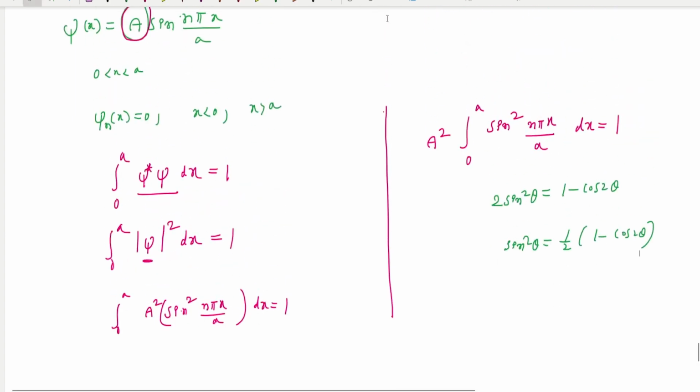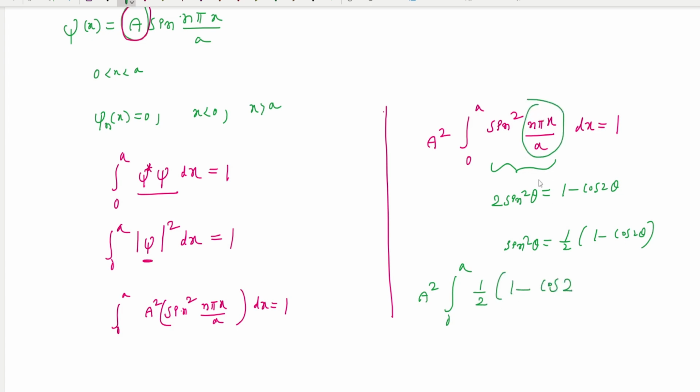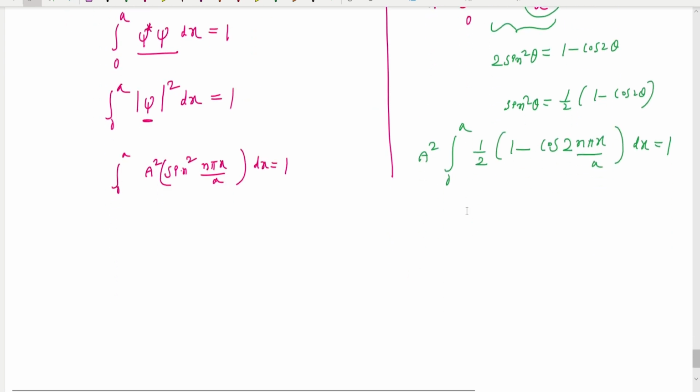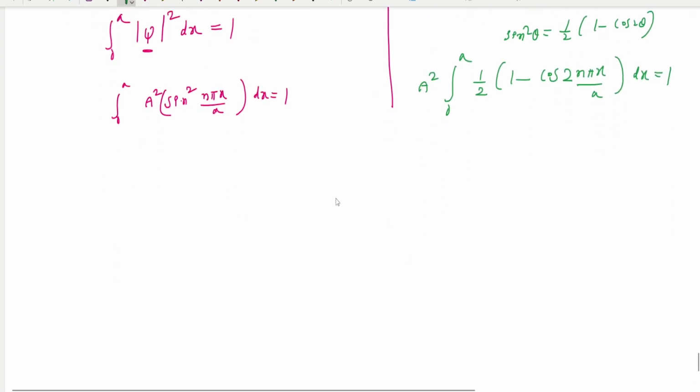So this is sine squared theta, right? Therefore, A squared integral 0 to a, 1 divided by 2, 1 minus cos 2 theta, this is theta, right? 2n pi x divided by a into dx equal to 1. A little bit of calculation is still there.